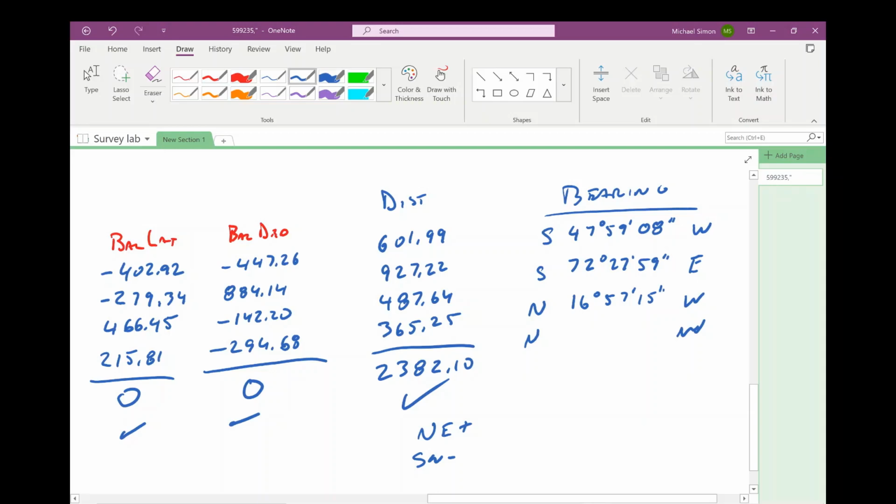And lastly, second function tangent of 294.68 divide 215.81. 53 degrees, 46 minutes, and 57.6 becomes 58 seconds.